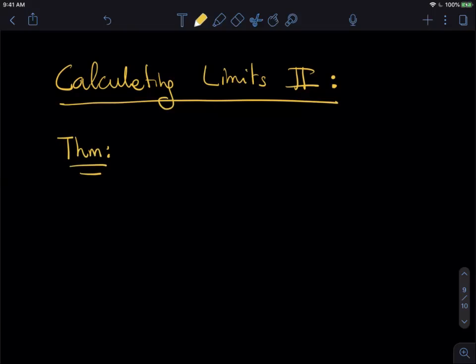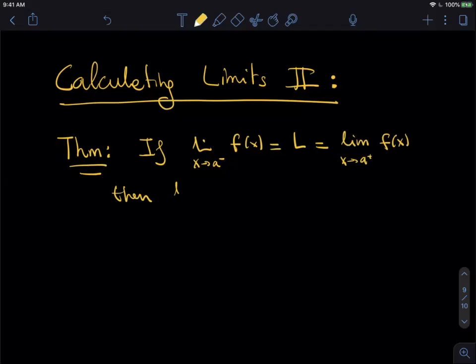What this says is that if the lateral limits exist, for example, the limit of f of x as x tends to a from the left equals the limit from the right of f of x, and both of them are equal to L, then the limit exists and it's equal to L.